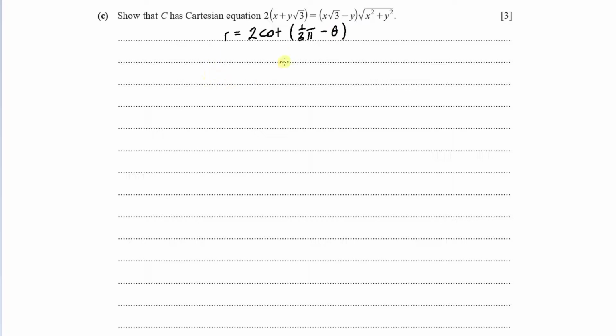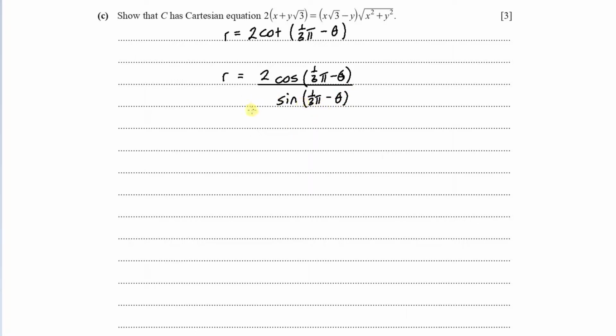Now, what we're going to do here is I'm going to write it as r is equal to 2, and we know that the trig function cot can also be written as cos over sine. So that's cos a third pi minus theta over sine of a third pi minus theta.